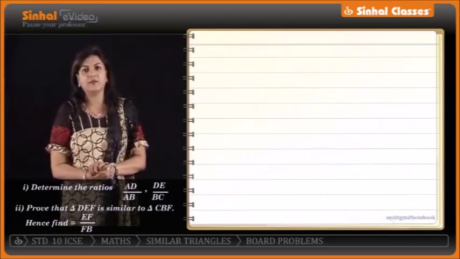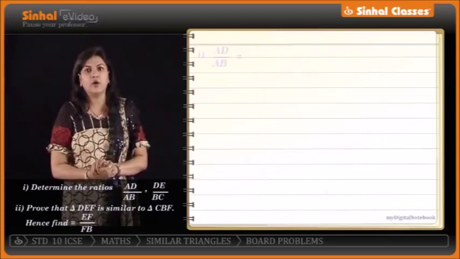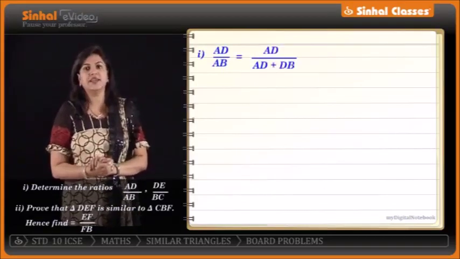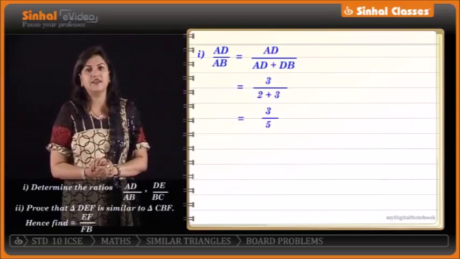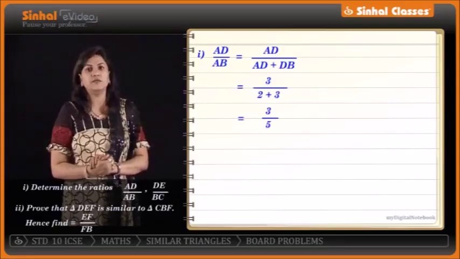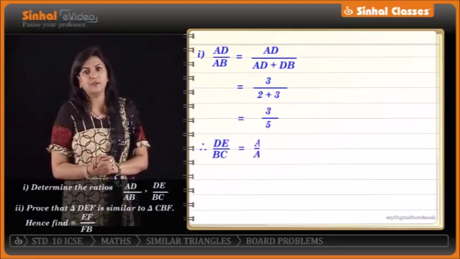Now AD upon AB is AD upon AD plus DB. So we get 3 upon 2 plus 3, that is 3 upon 5. Now in the first part we also need to find DE upon BC. DE upon BC is nothing but AD upon AB, which will be equal to 3 upon 5.